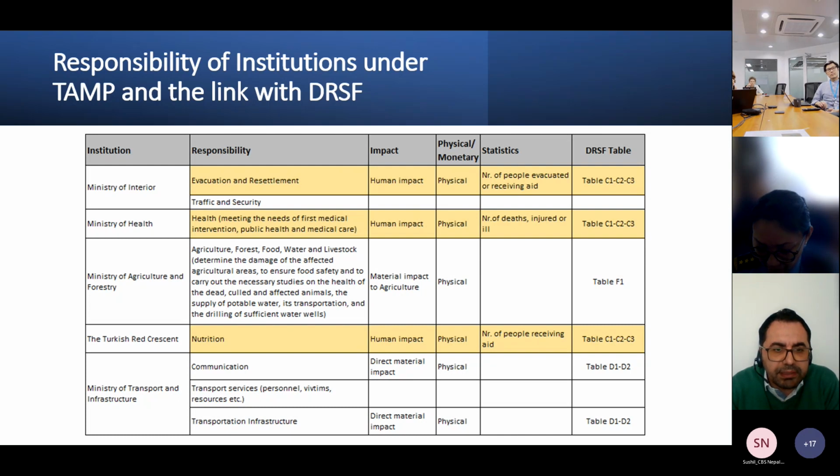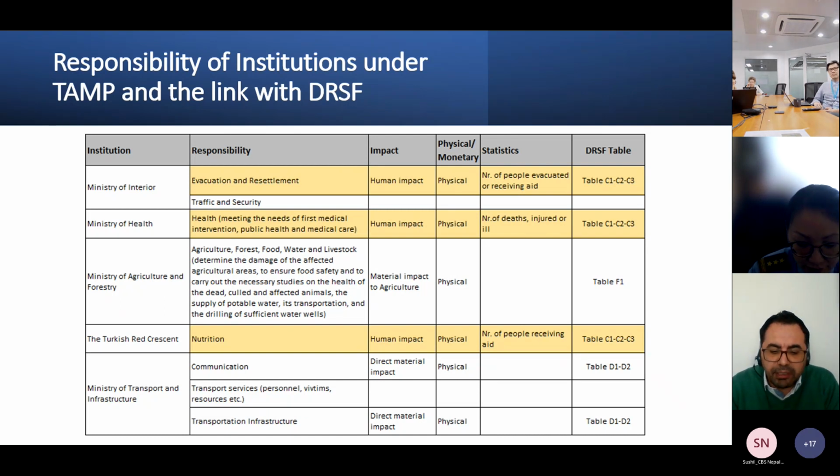And lastly, we see the Turkish Red Crescent responsible for the nutrition services. This will also enable us to produce the statistics for the number of people receiving aid in the tables of DRSF.